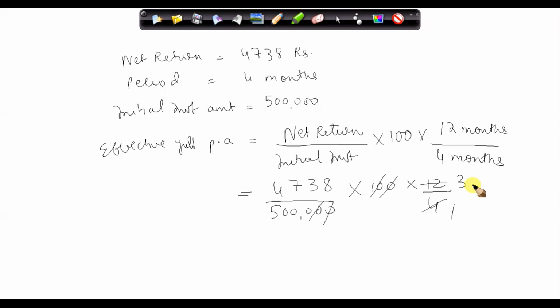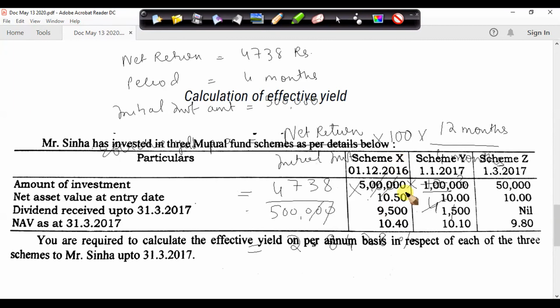So 4738, if I multiply by 3 and then divide by 5000, I am going to get an effective return or yield per annum of 2.8428%. So we have done it for scheme X. Like that you can attempt for scheme Y and scheme Z. Thank you.